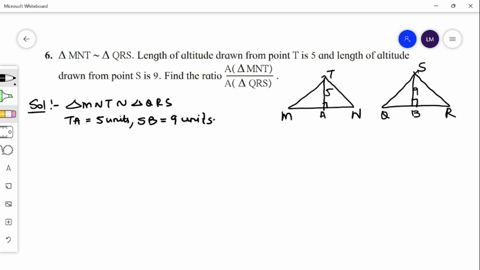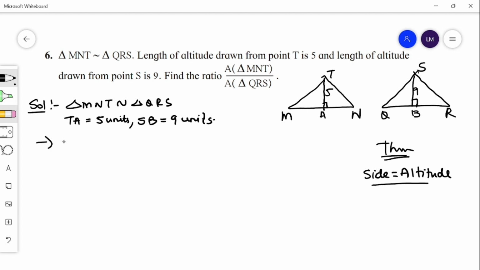Now, we already know that if two triangles are similar, then the ratio of areas is equal to the square of their corresponding sides. But here the value of the side is not given, right? But in the theorem, we had seen that side can be replaced by altitude. Yes, students. So in place of side, we can use altitude, right?